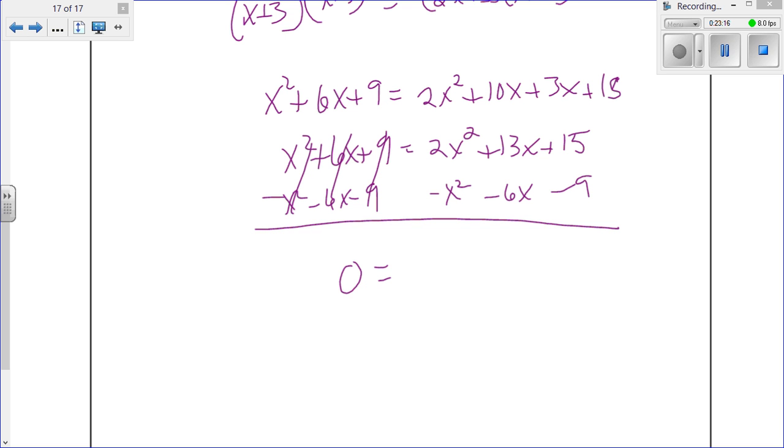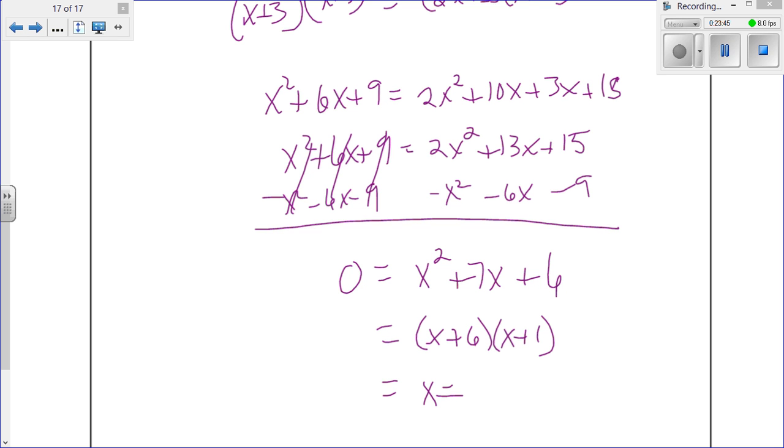So 0 equals x squared plus 7x plus 6. My factors of 6 that add up to 7 are 6 and 1. So x equals -6, x equals -1.